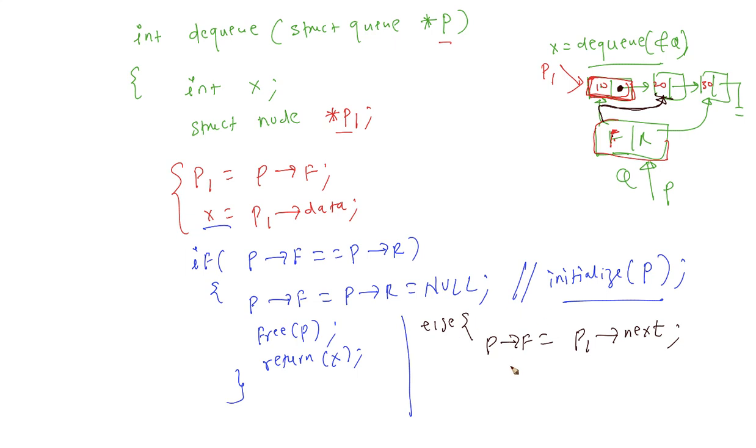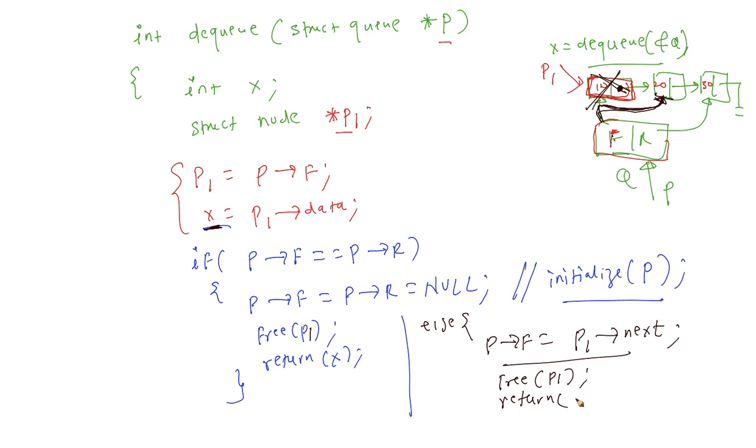That's what this line will do, it creates this link, and then I should say free P1, here also free P1, I'm sorry, not P, free P1, and then return. Once I create this link, I will free this memory pointed by P1, free P1, and then I will return the value of x, which is there. x is storing the data of this P1.